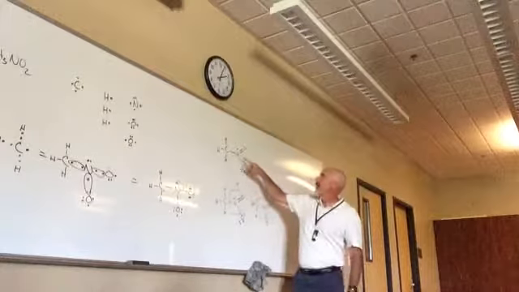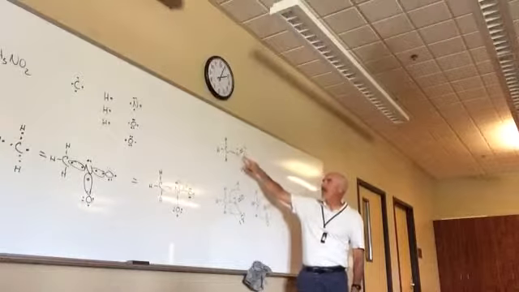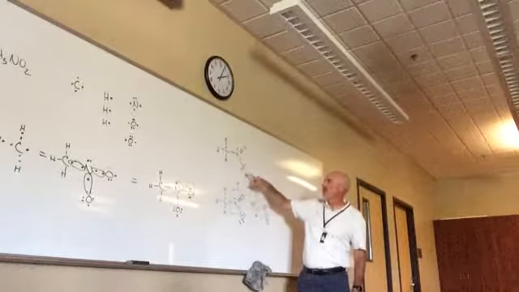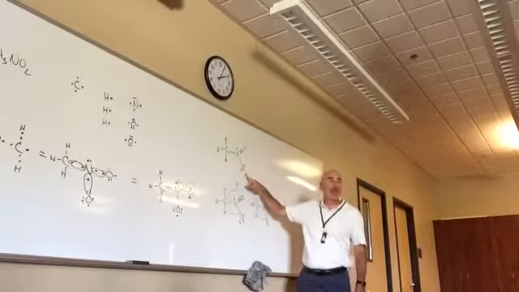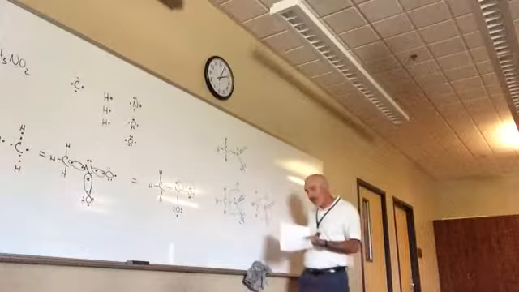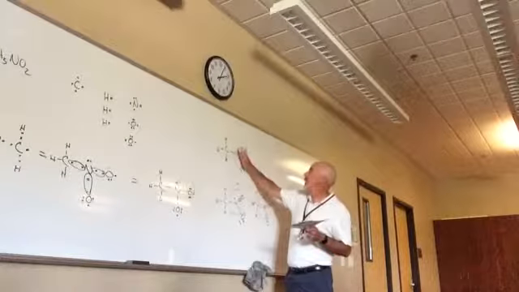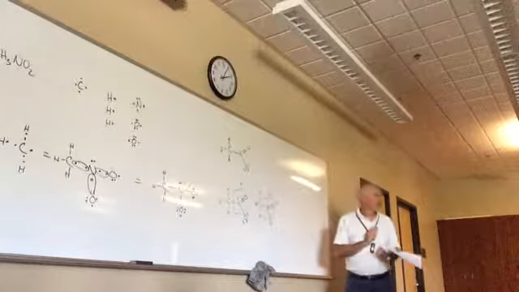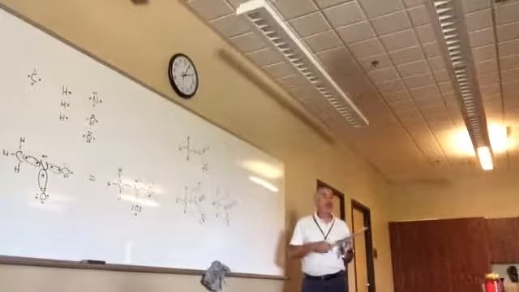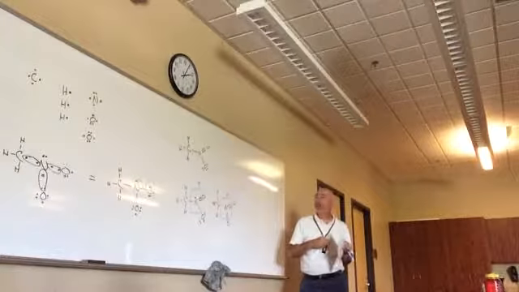We can't have 9 electrons there. I just redrew the structure. And this oxygen has 2, 4, 6. It's missing one, right? So I'm going to move that electron over here. I can do that. Electrons jump around, okay?